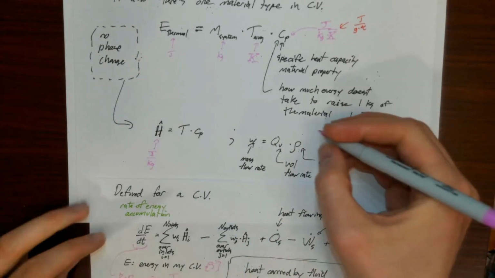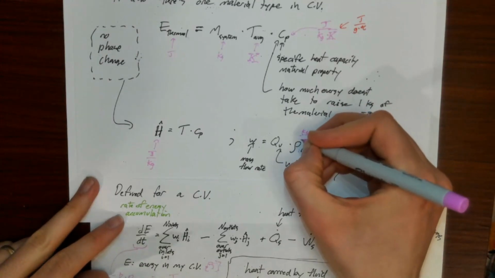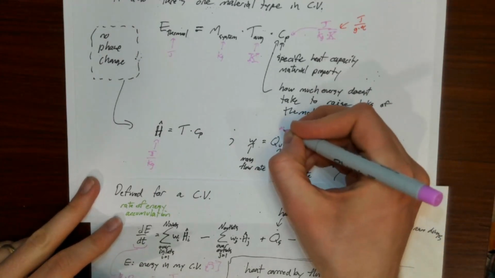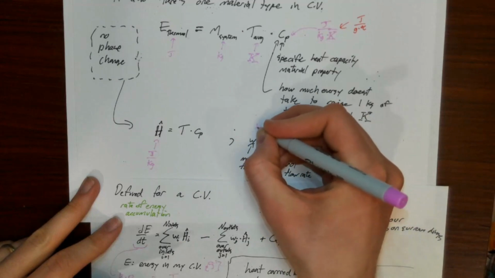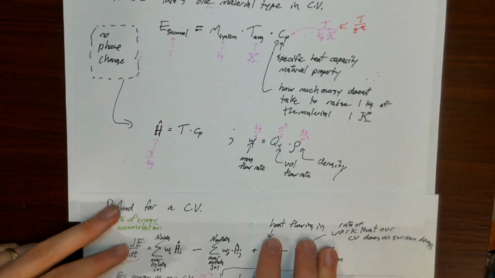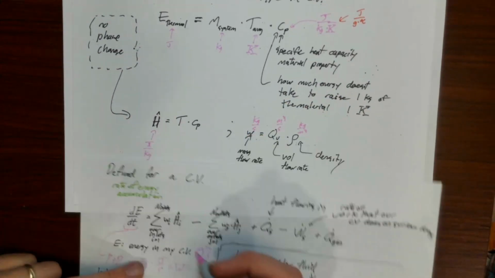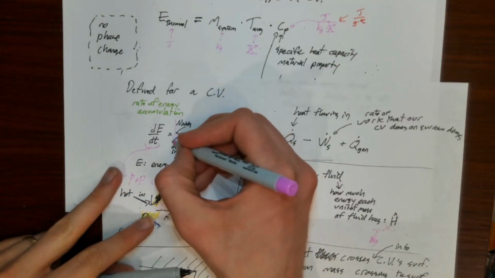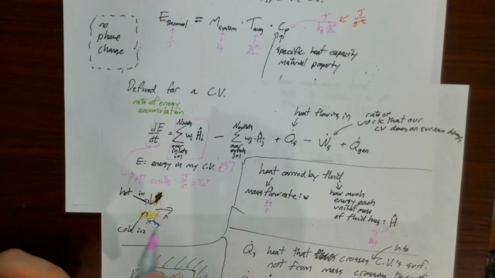So what's this going to look like? This is kilograms per cubic meter. This is meters cubed per second. So this is going to be kilograms per second. So what might this term look like under some circumstances?